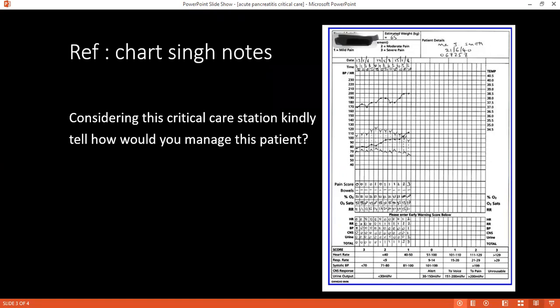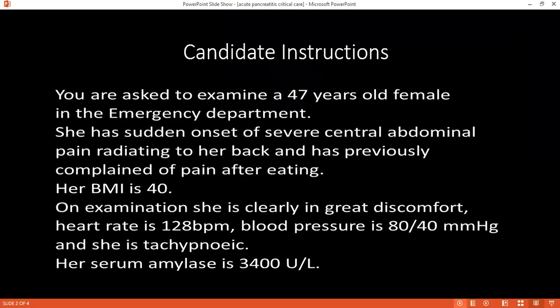Right. If you have read and understood, considering it a critical care scenario, how would you manage this patient? I will manage according to the critical ABCDE approach. I will manage this patient in the intensive care unit. I will insert a central line and urine catheter to measure the urine output.